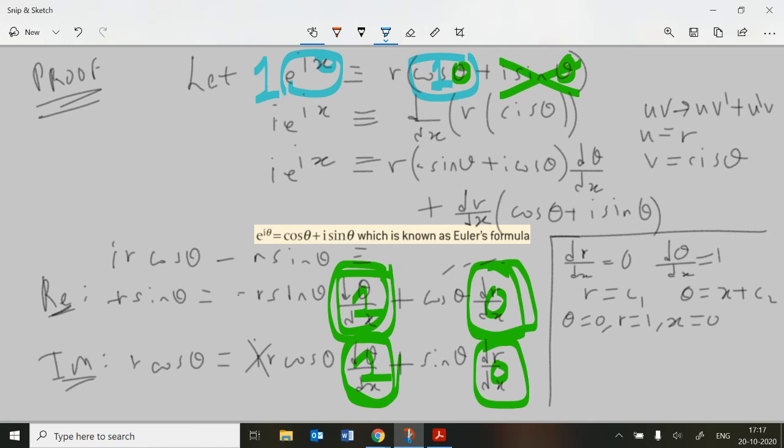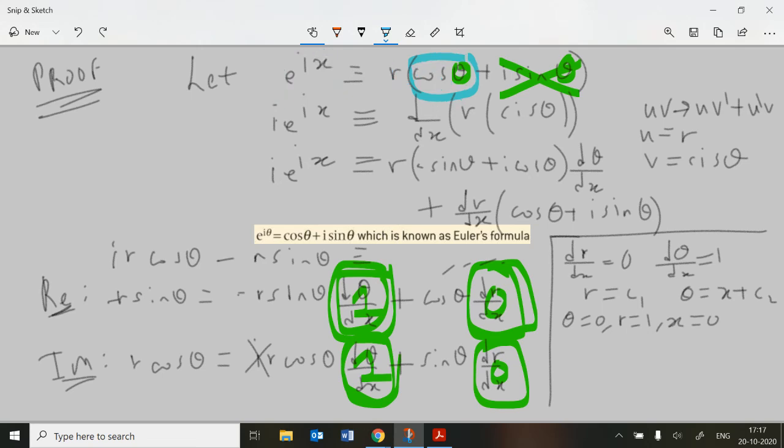So now I've got 1 is equal to 1 times 1. And so when theta is 0, r is 1, and x is, sorry, x is 0, giving us 1 on the left-hand side. Perhaps it's clearer to say that when x is equal to 0, theta being 0 and r being 1 is a combination which works.